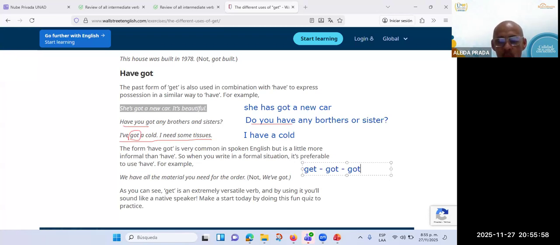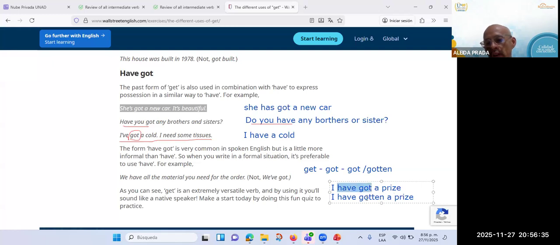However, you can find something like this, gotten. In this case, the verb has two forms, and both of them are correct. You can say got or gotten. For instance, I can say, I have got a prize, or I have gotten a prize.